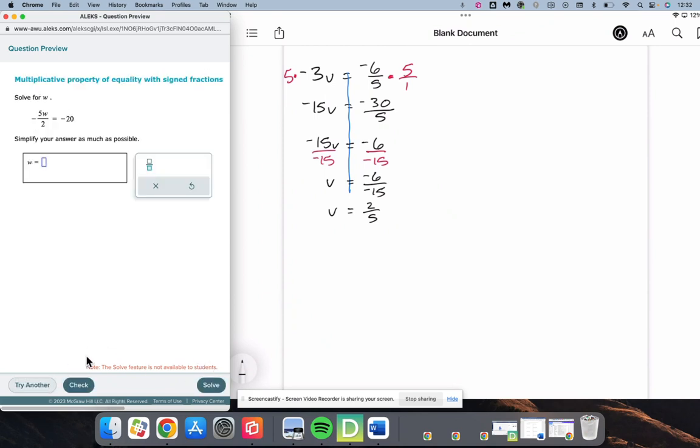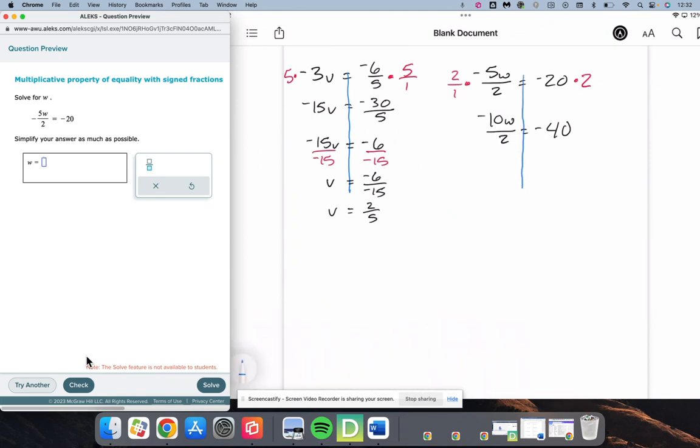All right, one more. We have negative 5w over 2 is equal to negative 20. Denominator is 2, so we will multiply both sides by 2 to make that denominator divide out evenly. Negative 10w over 2 is equal to negative 40.